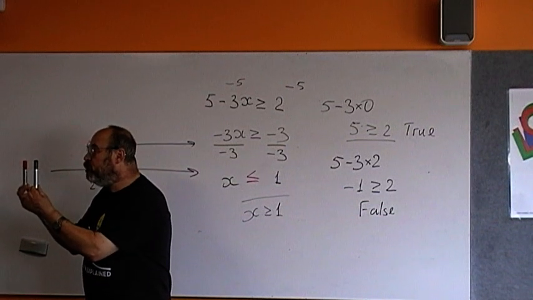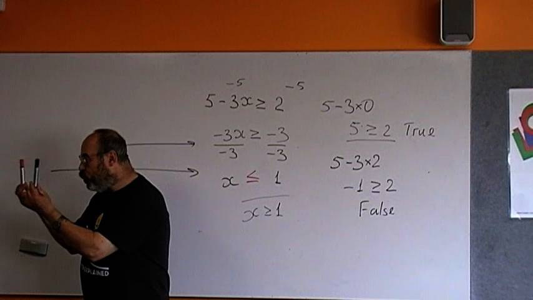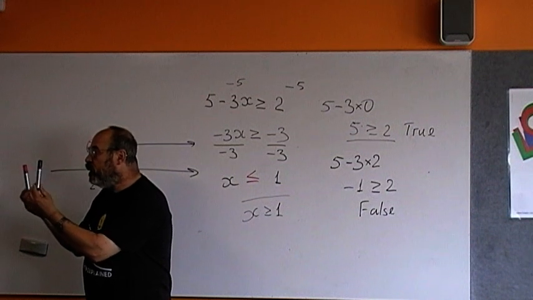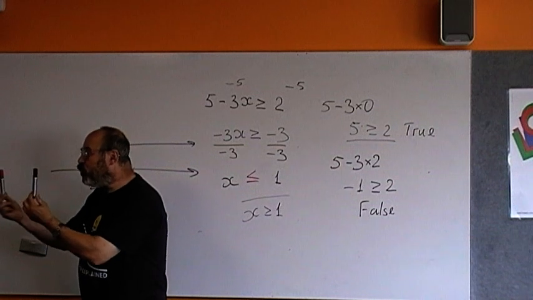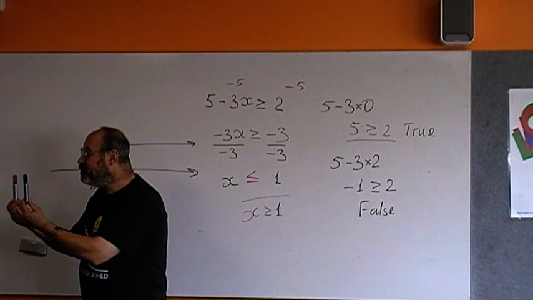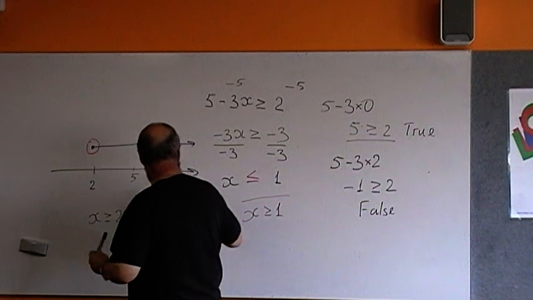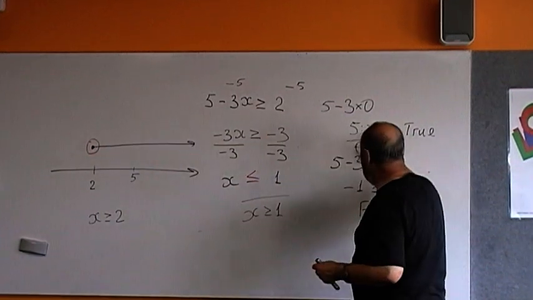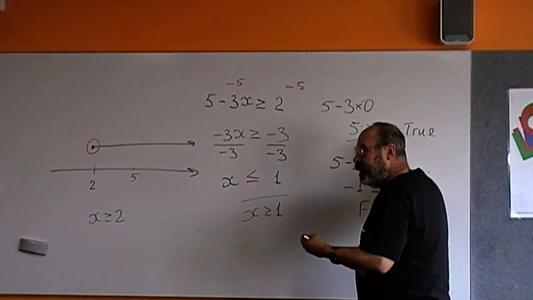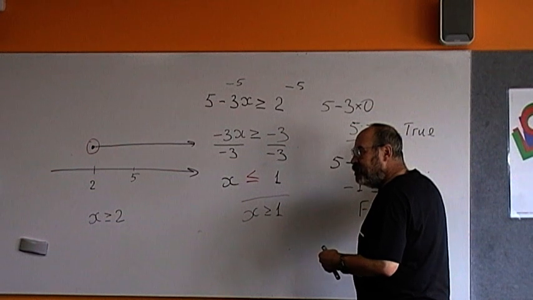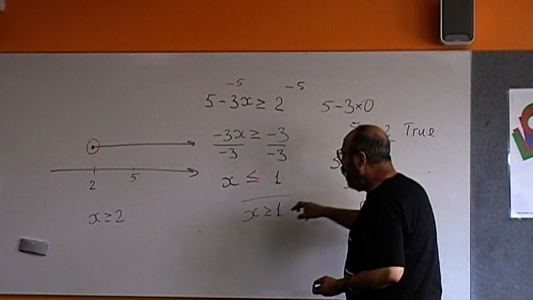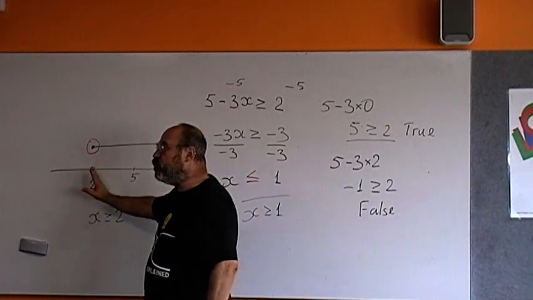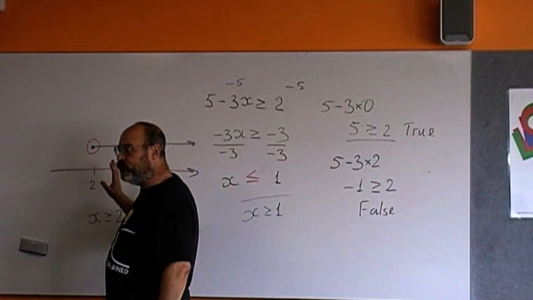You can choose one of them. So we can choose either greater or equal. I'm saying that any number to the right of 2 will be true.